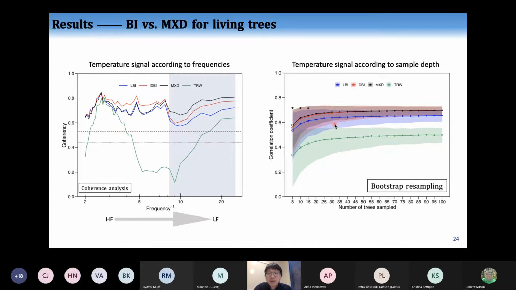So adding a lot of samples did not substantially improve the climate sensitivity in latewood blue intensity to make it more comparable to delta blue intensity and X-ray density. But if we look at the periods with lower sample replication, we can find that delta blue intensity even showed lower temperature sensitivity compared to X-ray density.